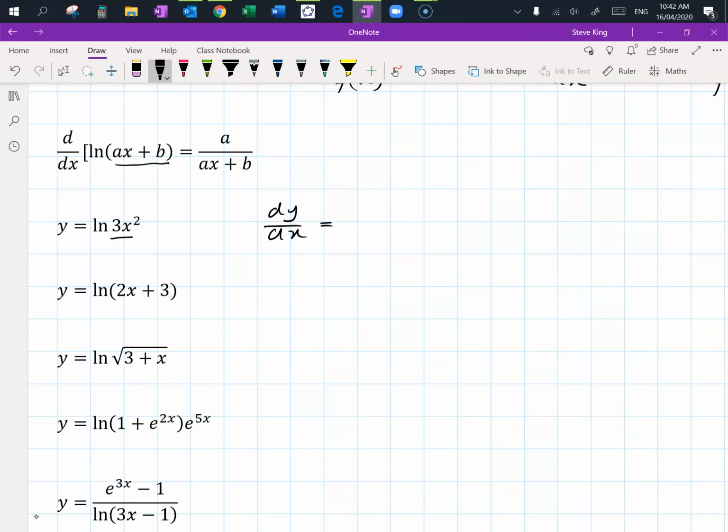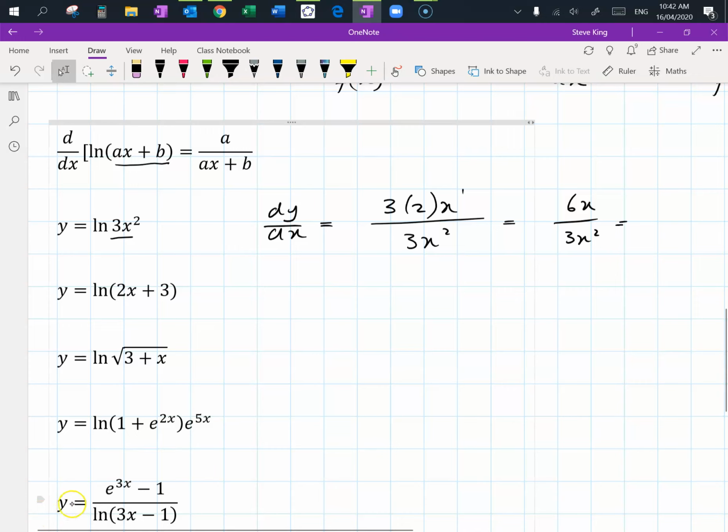So, in other words, it's going to be 3 times 2x to the power 1 over 3x squared. In other words, 6x over 3x squared, which will simplify down to 2 over x.